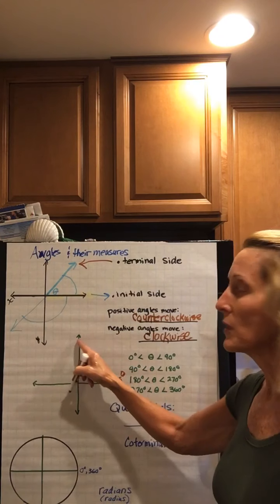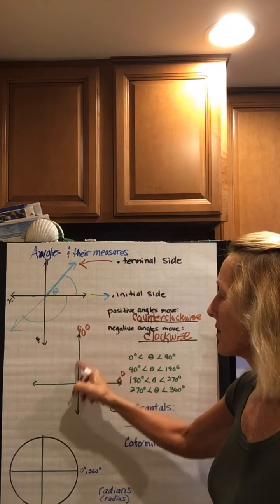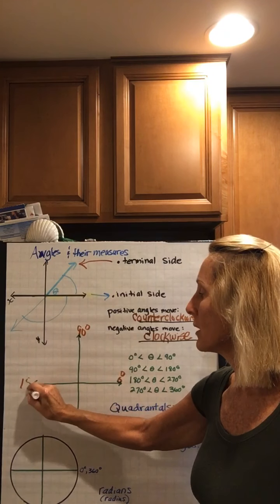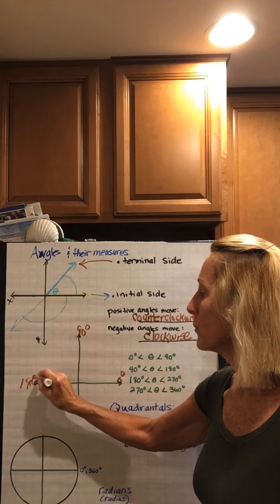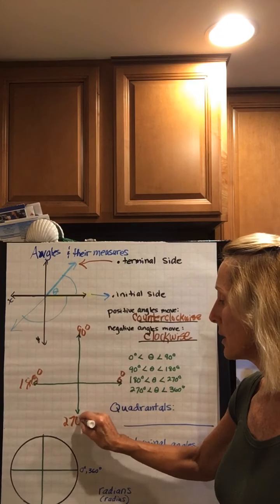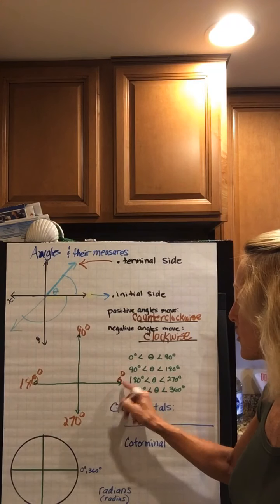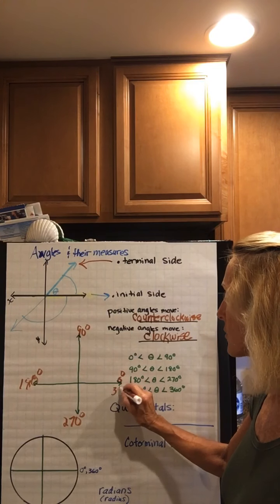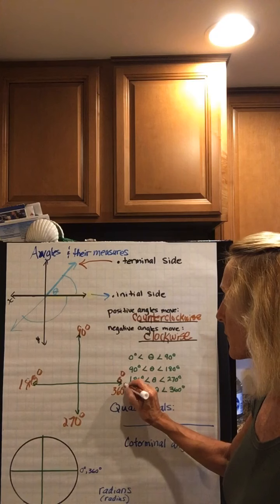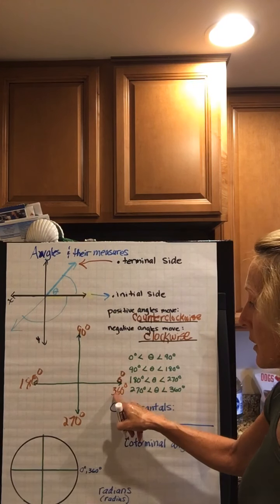And as I move in 90 degree increments, this would be 90 degrees. Add another 90, this would be 180. Add another 90, this would be 270. And then if I make a full circle, I'm back at 0 degrees or 360 degrees. So that's going all the way around here.